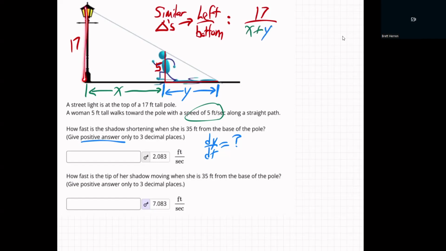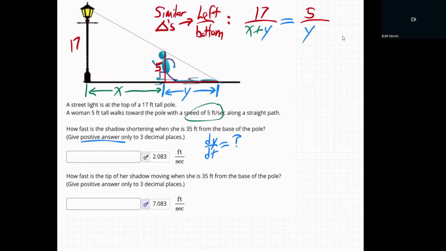That's the left to the whole bottom, is equal to the left of the little triangle to the bottom of the little triangle, which is y. There we go. The left of the big one to the bottom of the big one is going to be an equal ratio to the left of the small one, bottom of the small one. Got to be equal.